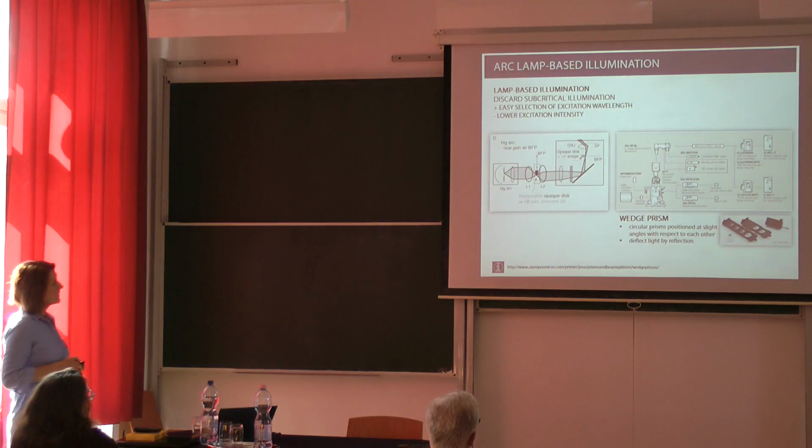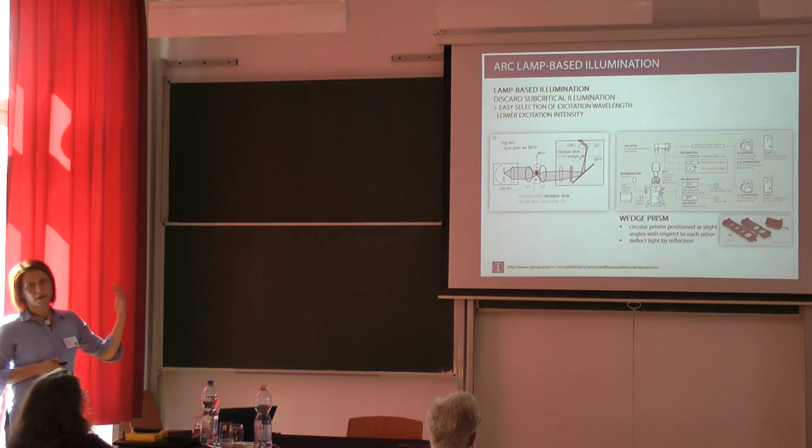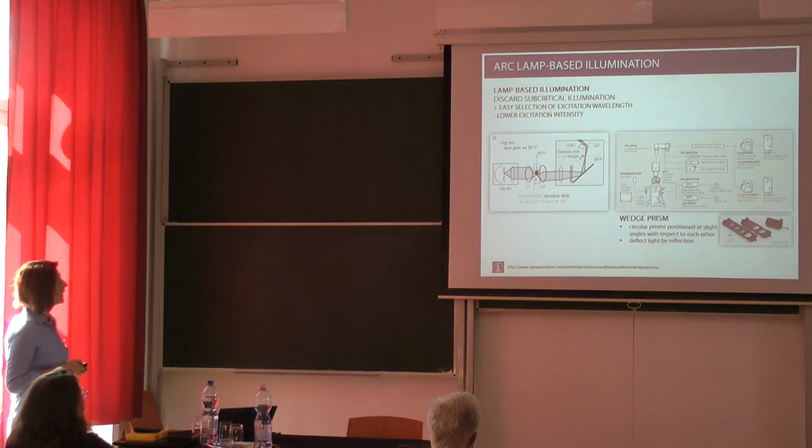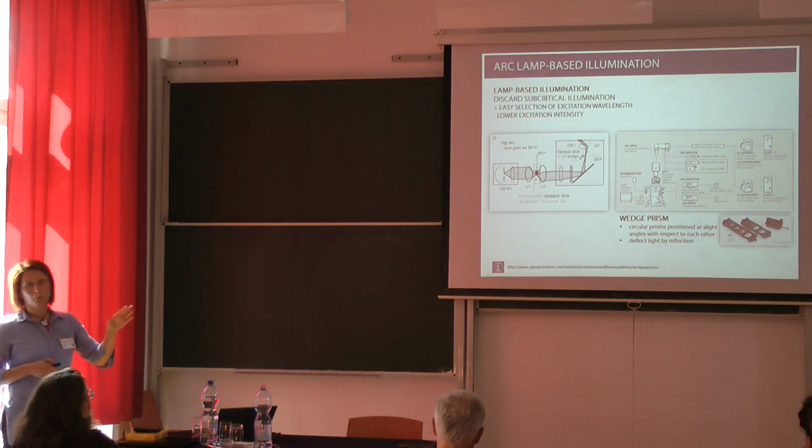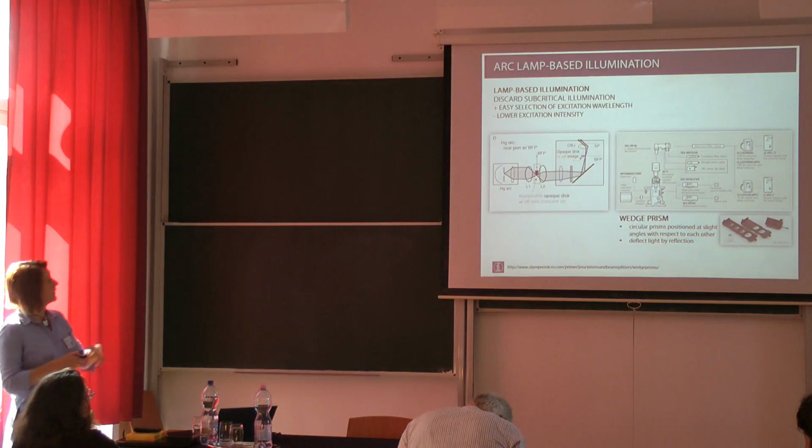The main principle is that you want to discard the subcritical illumination, because that would create the high background that you don't want to see in TIRF microscopy. That scheme was proposed by Daniel Axelrod. Here an off-axis slit is used that allows only illumination at supercritical angles to pass towards the sample.